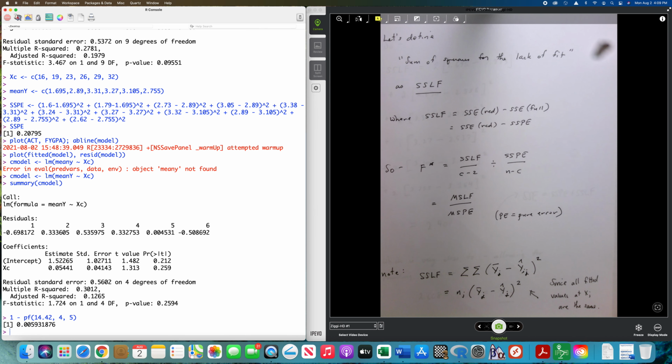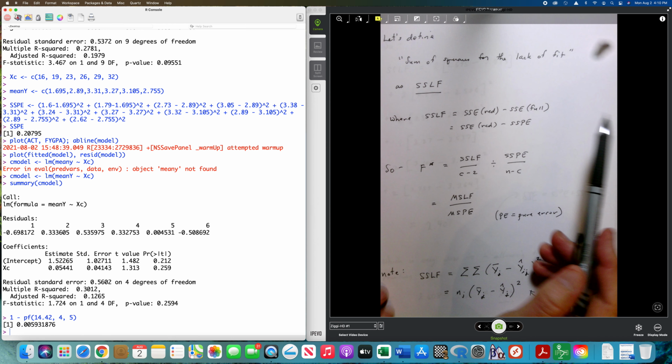All right, so let's define a new term, one that helps quite a bit in the calculations. You might say, why didn't you tell me that earlier? Well, I don't know. Let's proceed. So let's define the sum of squares for the lack of fit as SSLF for obvious reasons.